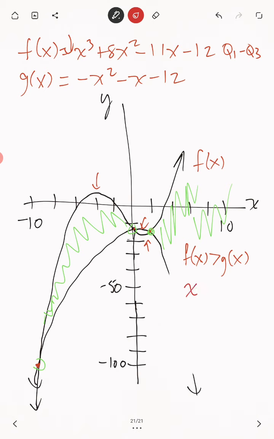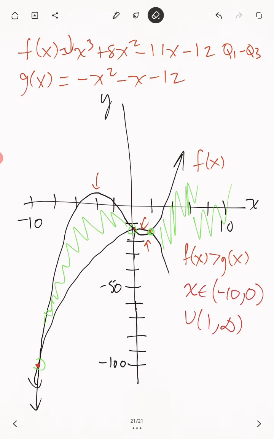So x is an element of, from the leftmost point of intersection to the next one to the right, the interval -10 to 0, union the interval 1 to infinity. Okay, so notice I have round brackets, not square brackets, because it's greater than, not greater than or equal to. So that's the solution for f of x greater than g of x.